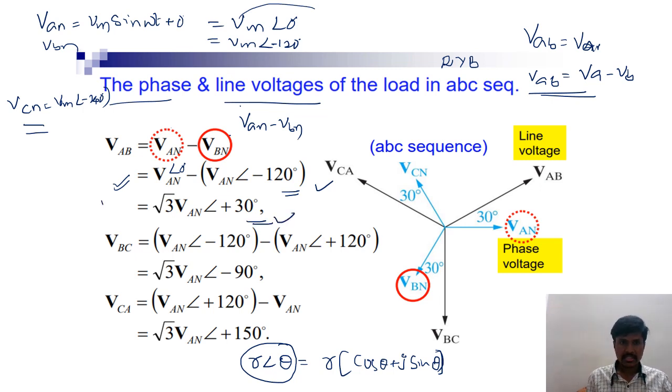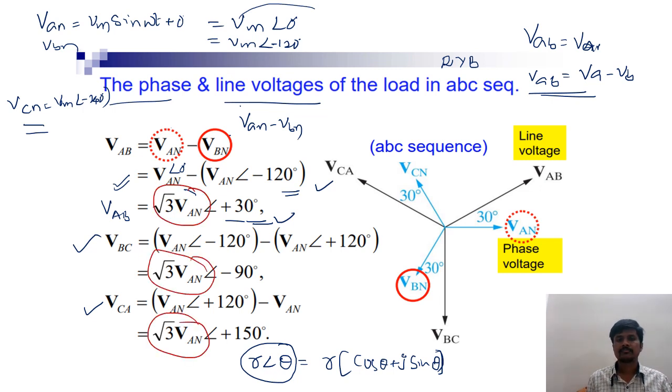That means here this VAB is equal to root 3 times VAN at an angle plus 30. So if you solve this for any line voltage, you are going to get root 3 times VAN, root 3 times VBN, root 3 times VCN.